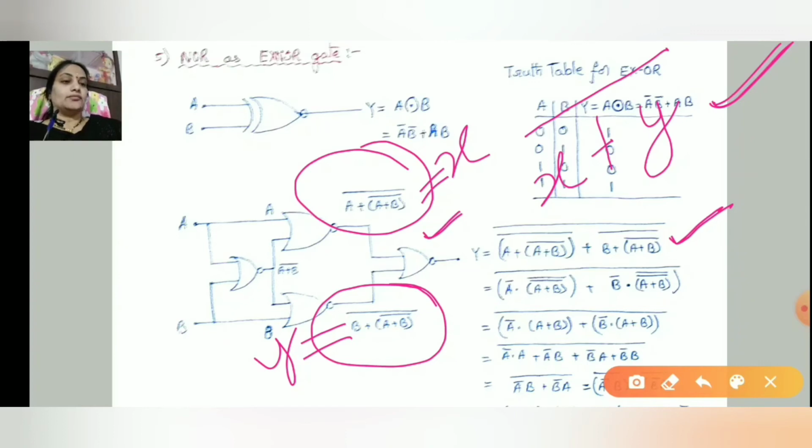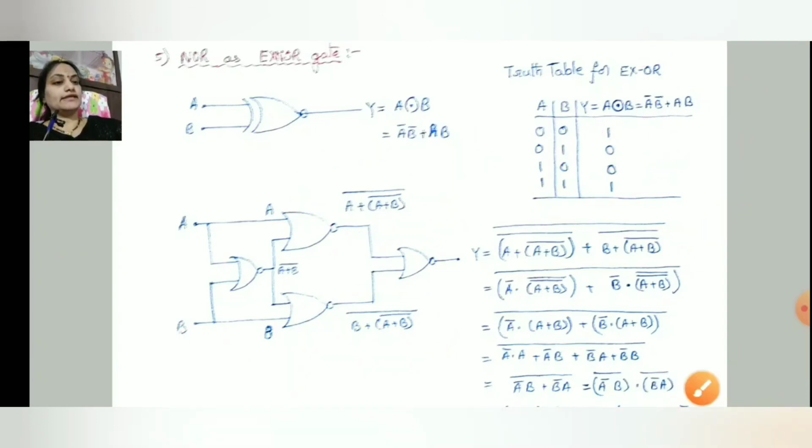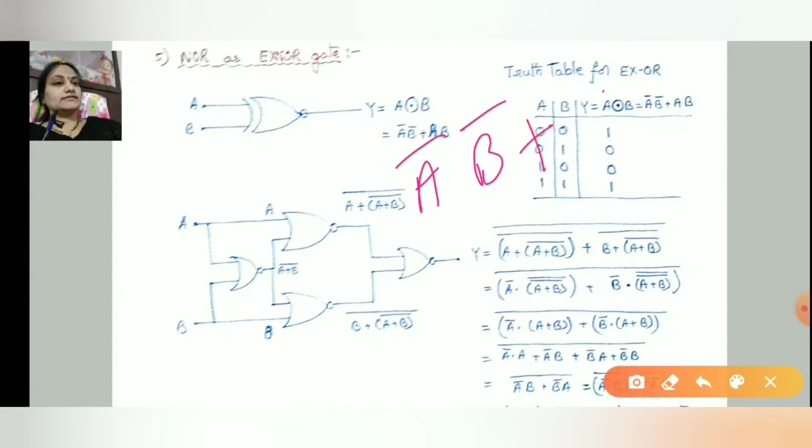Okay. Now by using De Morgan's theorems and Boolean laws, we can finally get A bar B bar plus AB.